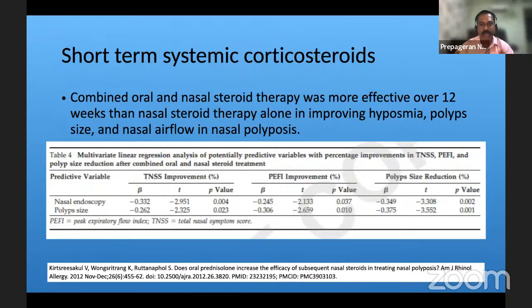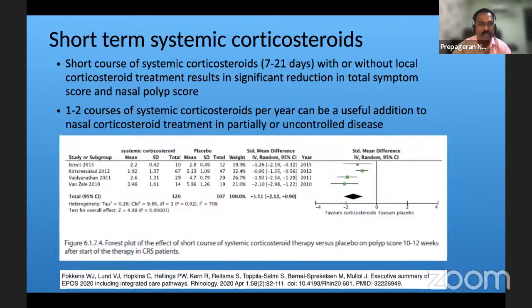How about combining both the intranasal steroid spray and the oral prednisolone? Is it more effective than using only the INS in improving the size of the polyps and the nasal airflow in nasal polyposis? A short course of systemic corticosteroid, either a week or 3 weeks, with or without local corticosteroid treatment, does help in a significant reduction in total symptom score, nasal score, as well as nasal polyp score.